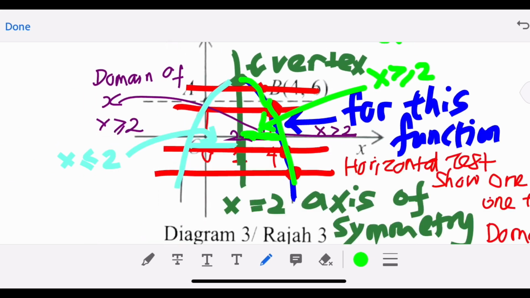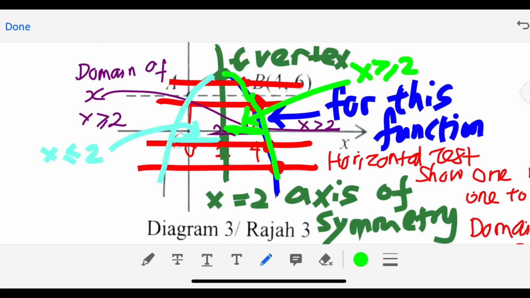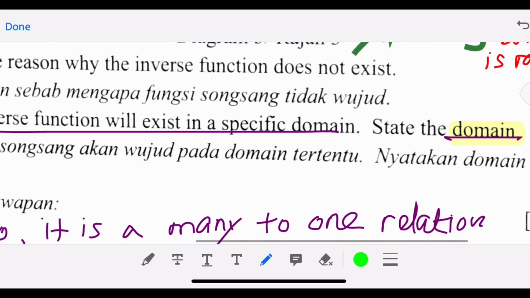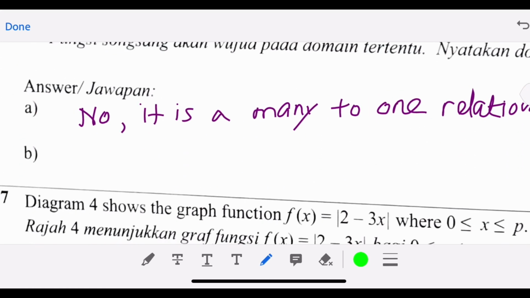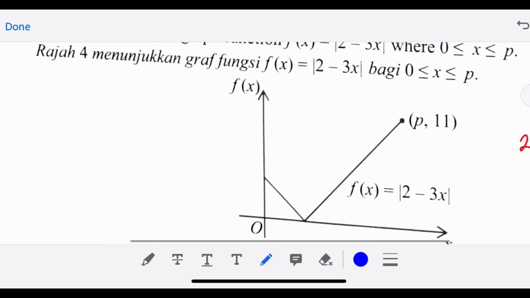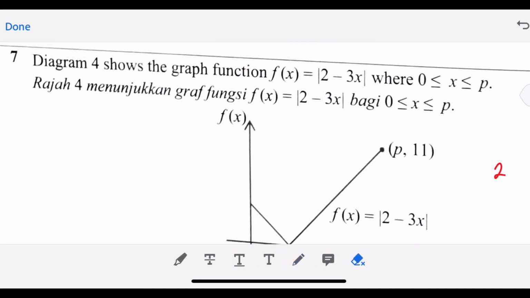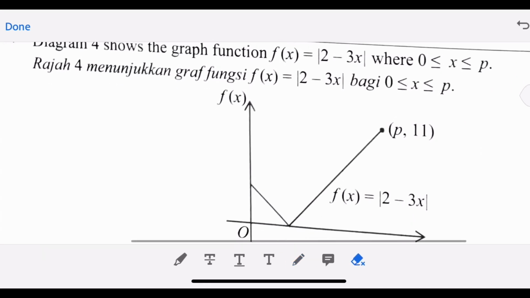Alright, so domain is meant for x and range is meant for y. I would like you to write the answer for x more than or equal to, or x less than or equal to, for the specific domain of x corresponding to the specific function.